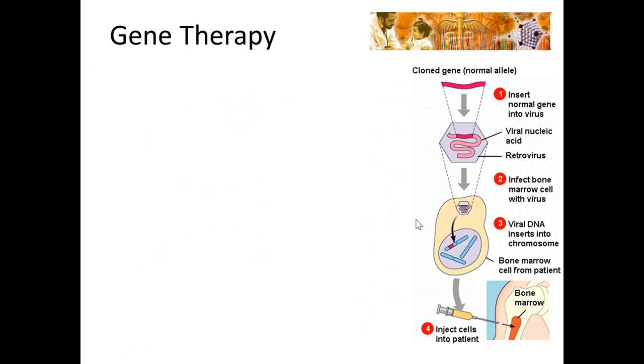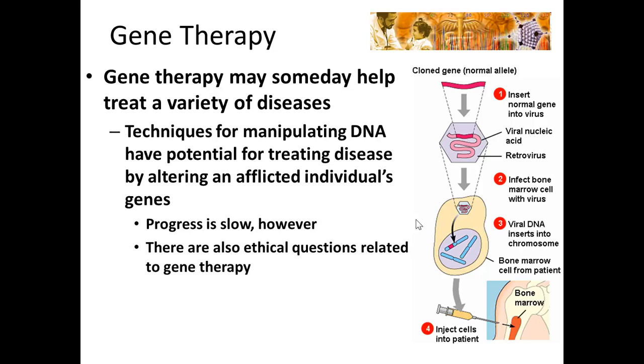Alright, next we're going to talk about gene therapy. It says gene therapy may someday help treat a variety of diseases. It's a technique for manipulating DNA that has potential for treating diseases. You're altering an afflicted individual's genes.